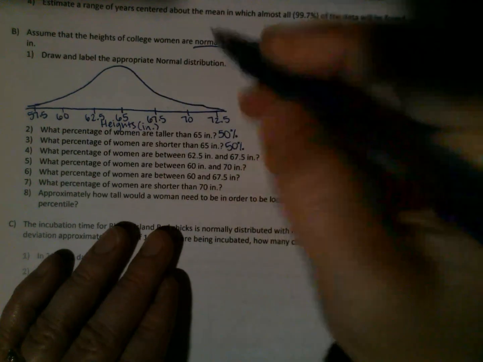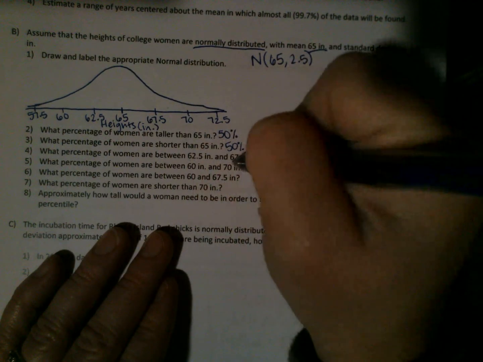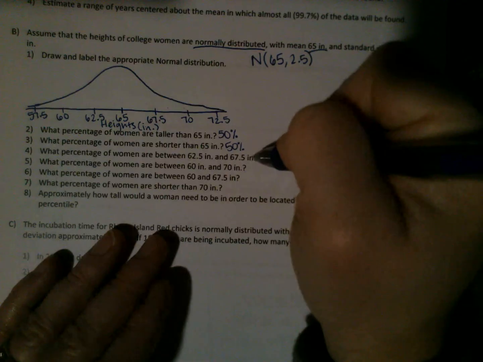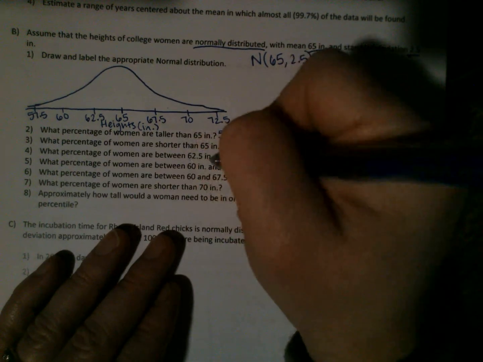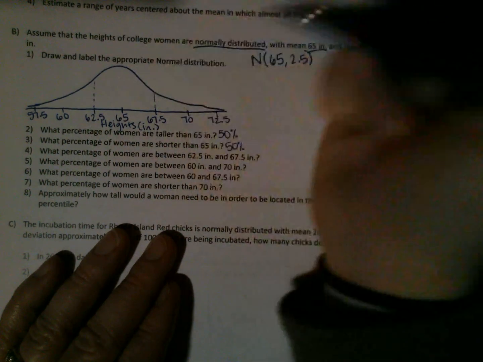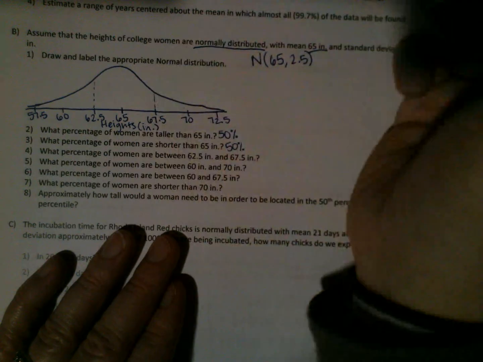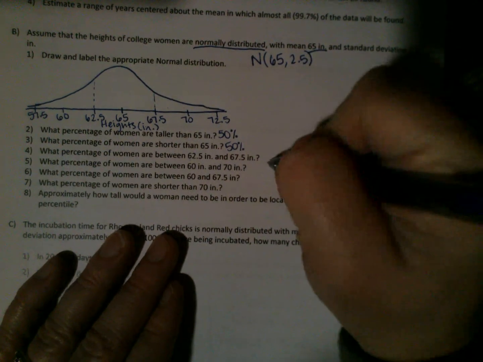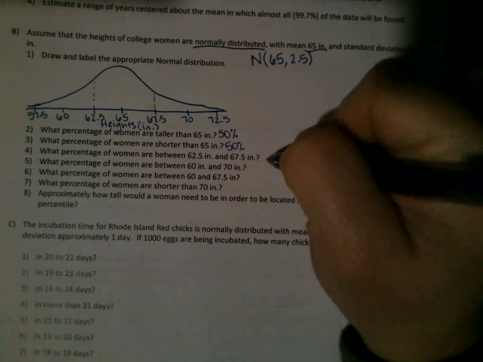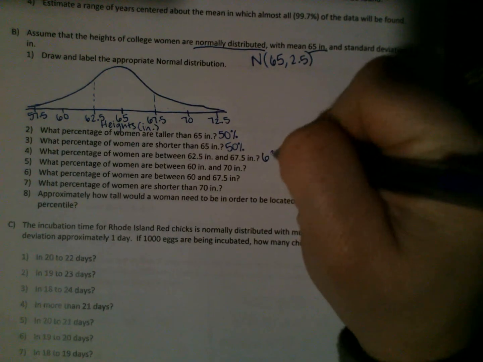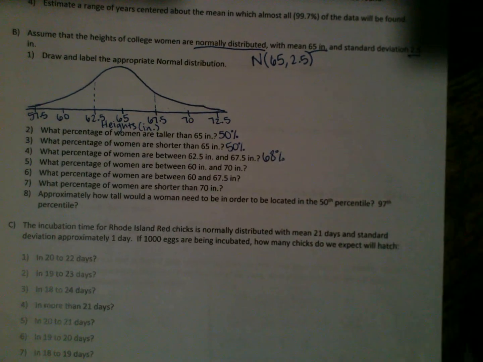Well, the nice thing here, I could do a z-score here, a z-score here, and then do normal CDF. But since 62.5 and 67.5 are on exact standard deviation marks, they're exactly 1 standard deviation above and below the mean. The empirical rule tells me that 1 standard deviation on each side of the mean contains 68% of the data.